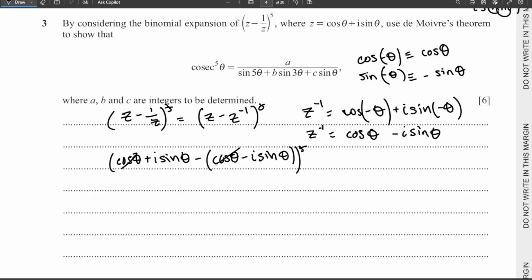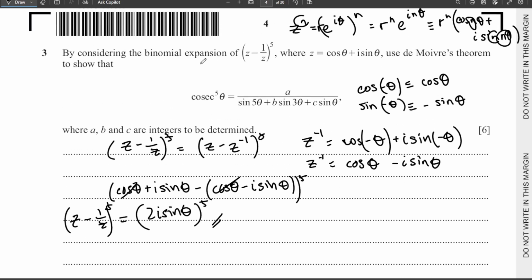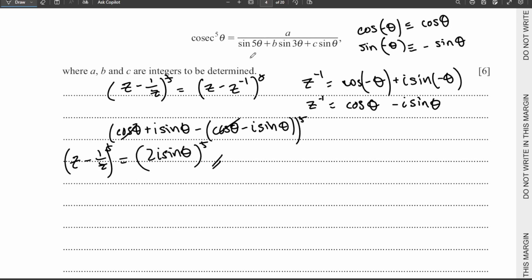The cosine and cosine cancel, we're left with negative, and negative multiplied by negative is positive, so we're left with 2 I sine theta to the power of 5. We have this result and we'll continue to use it later. But now let's try and expand this form, just the z.